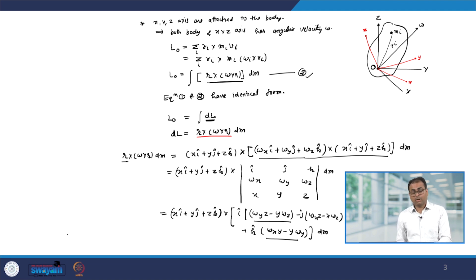We can put that value in equation number 2 or equation number 1. So we have to just take the integral of that.